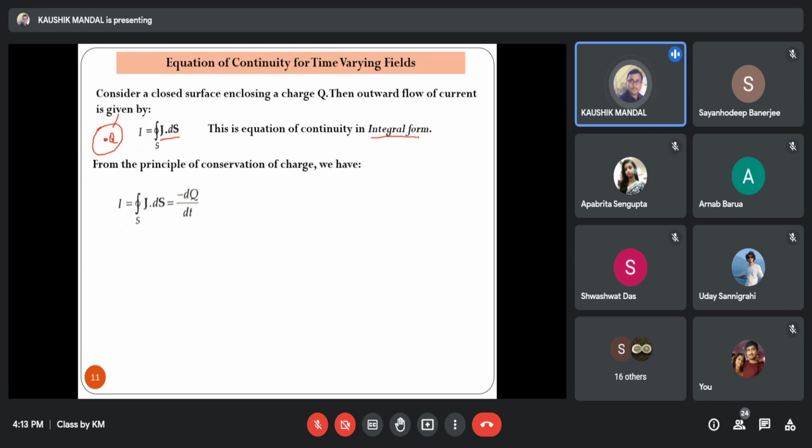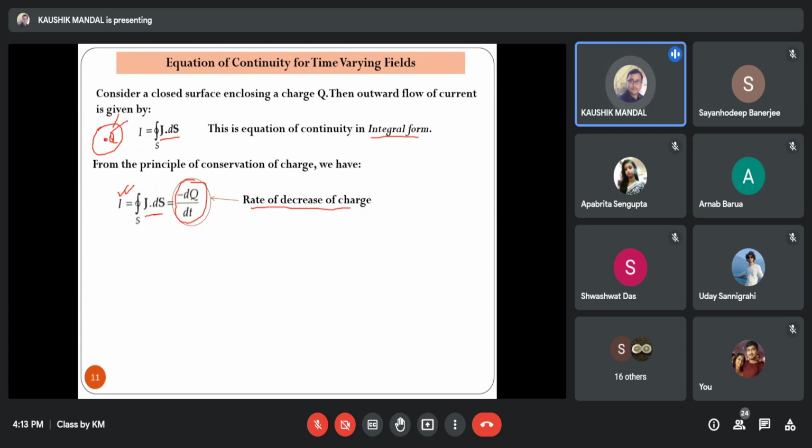Now if we consider the conservation of charges, J dot ds. Now if we write down the equation of current in terms of charge, I is nothing but minus dQ/dt, where this dQ/dt is the rate of decrease of charge.